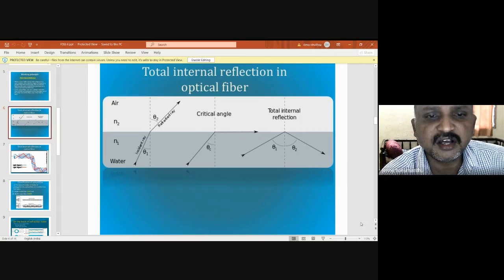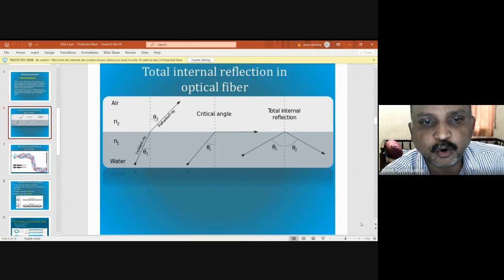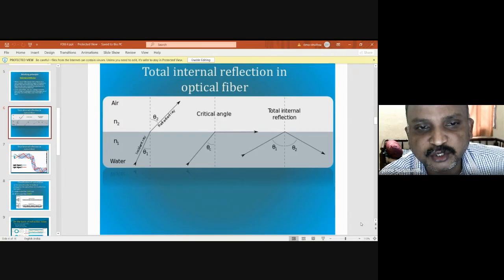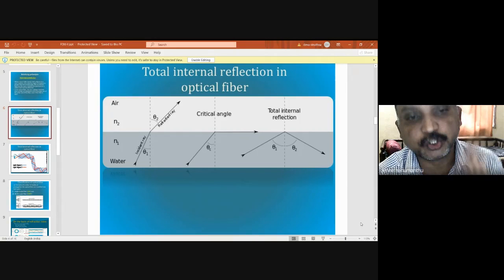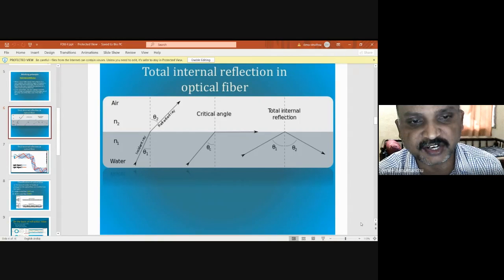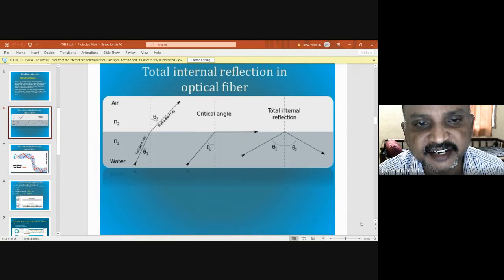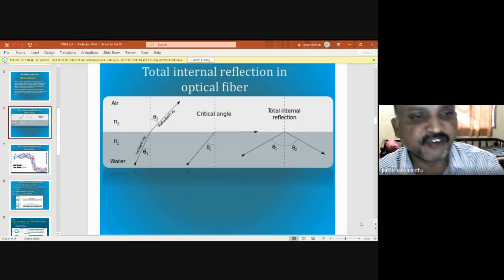No light should enter the cladding section. In other words, the refraction should be zero, only reflection. If light enters the core, the same light should remain within the core.